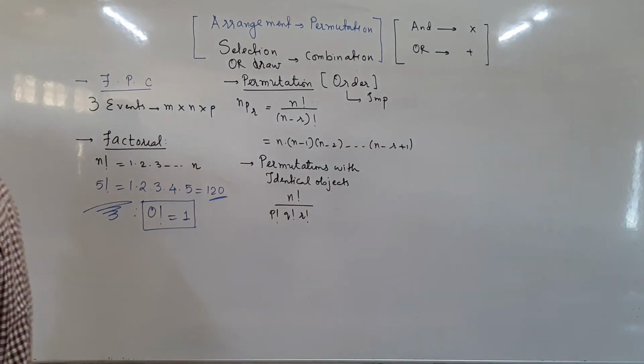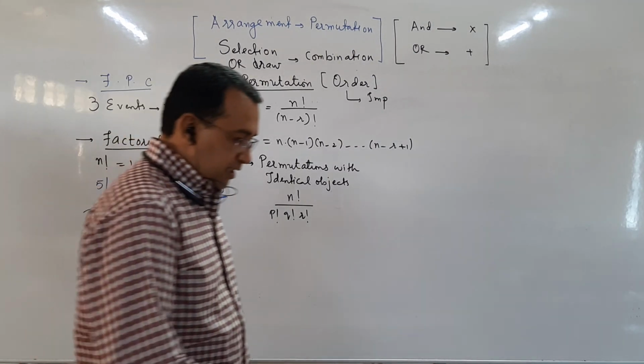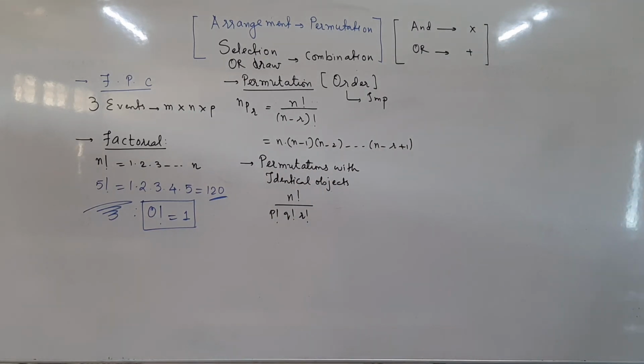Then total arrangements of these n things can be done in n factorial divided by p factorial into q factorial into r factorial. We divide by the factorial of the number of identical objects. So this was the concept of permutations with identical objects.